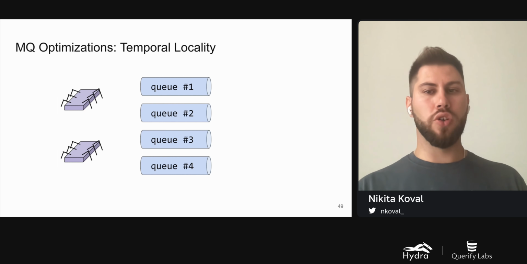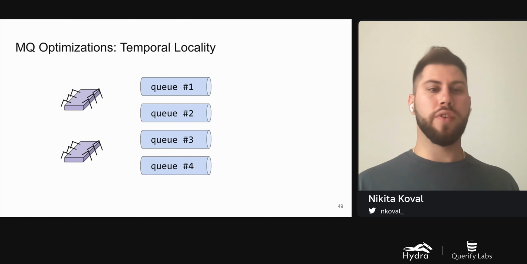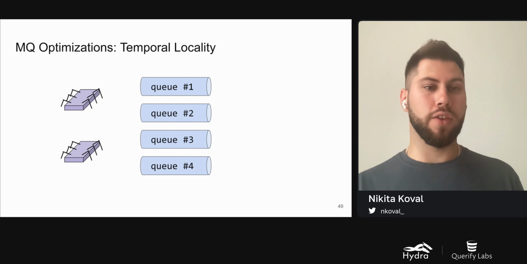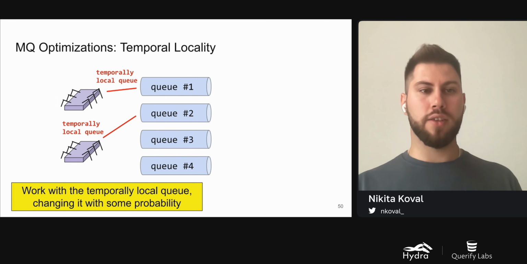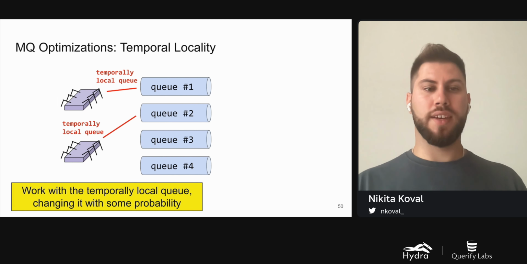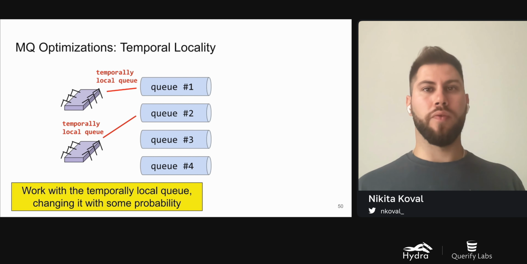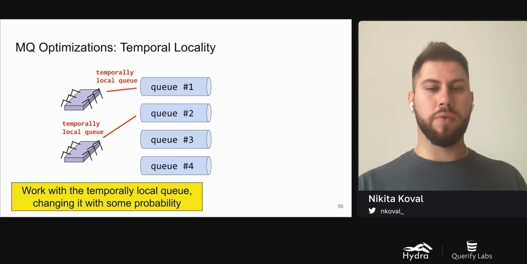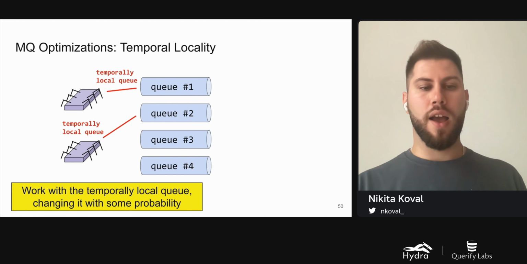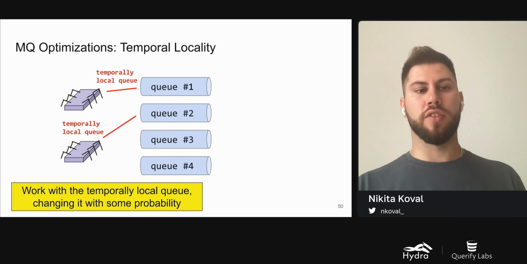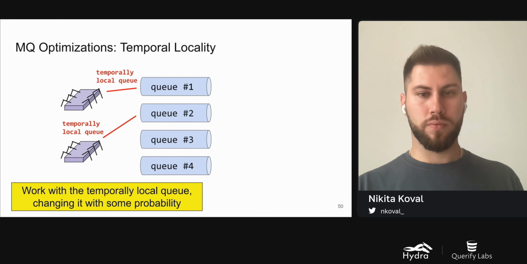Thus, we don't need to go to different queues every time, and it should be better, right? So how does it work? A thread chooses a random queue and makes it temporarily local, and a fixed number of following operations is performed with this queue. After that, the thread changes the temporary local queue to another one.